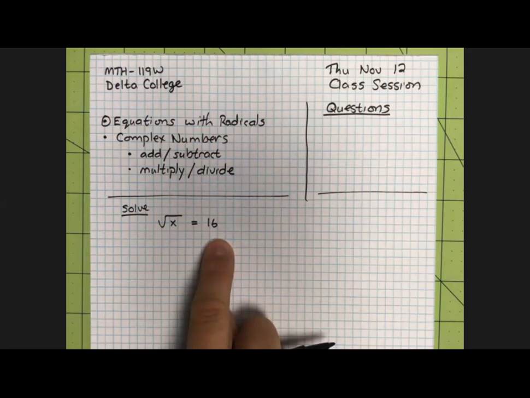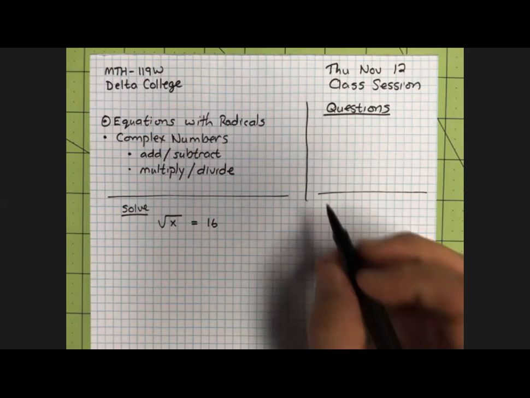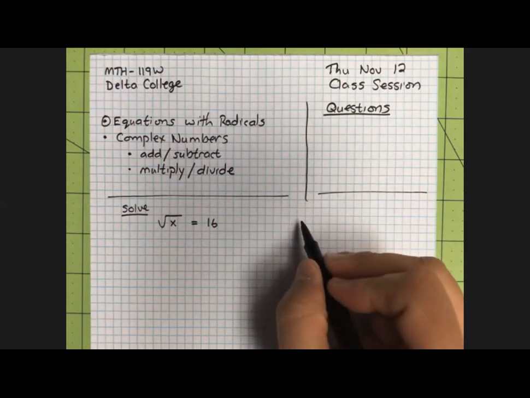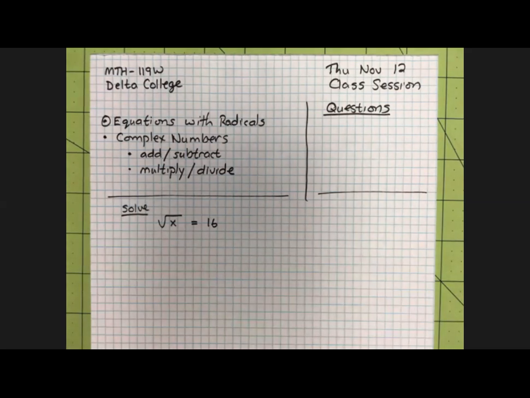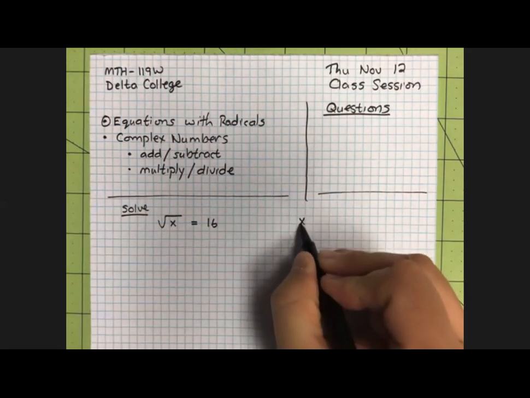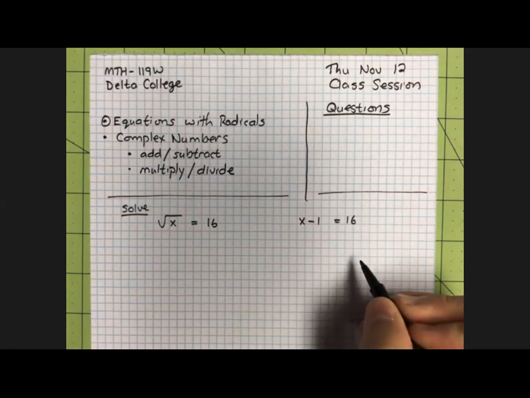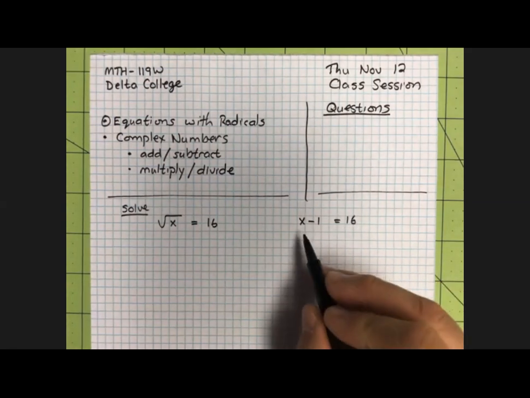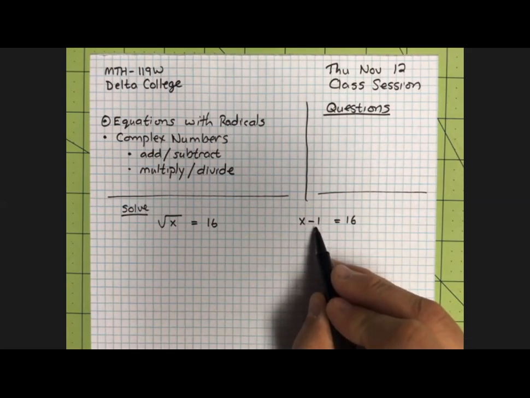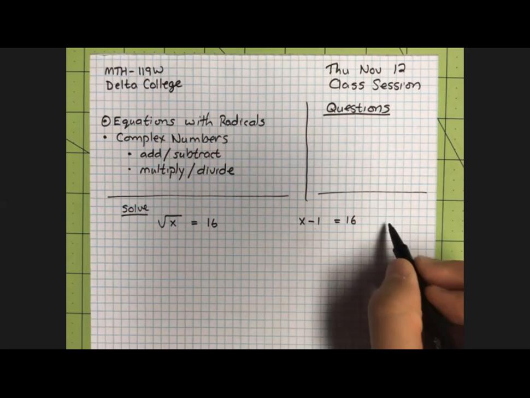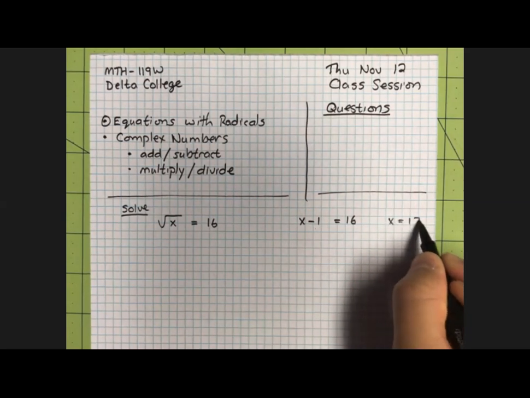You get to x the same way you get to x in anything. So there's one new twist. For example, if I said to you x minus 1 is 16, then you would say, okay, x subtract 1. I'll get rid of that minus 1 by adding 1. X is 17.